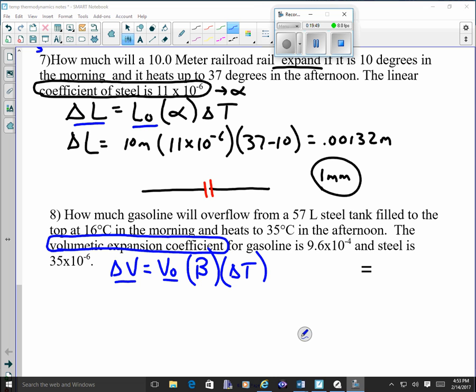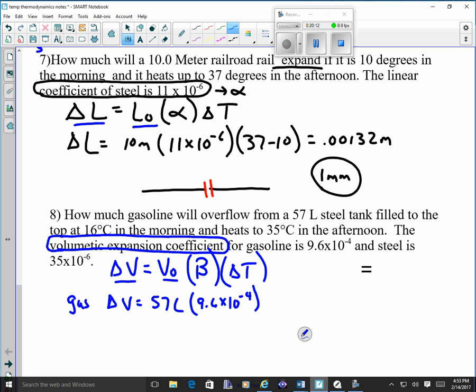So let's look at the change in volume for gasoline first. We're going to look at the gas here, and we're trying to figure out the change in volume of it. Well, the original volume was 57 liters. I'm going to put that in. Now, this beta, or the volumetric expansion for gasoline, I'm going to put in as 9.6 times 10 to the negative fourth.